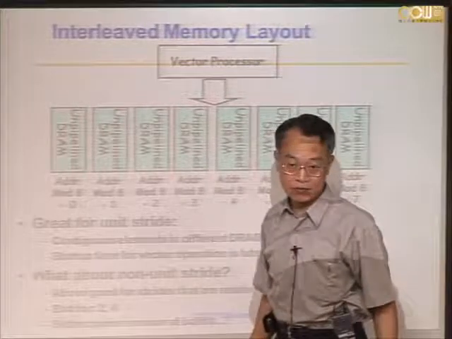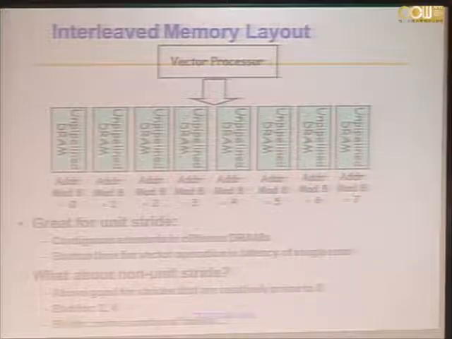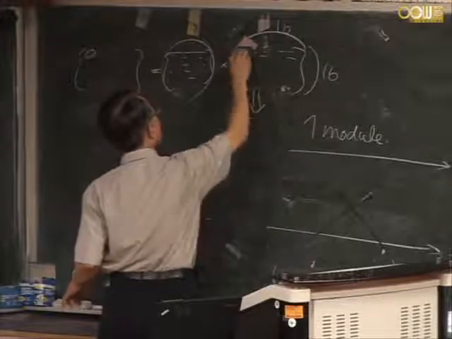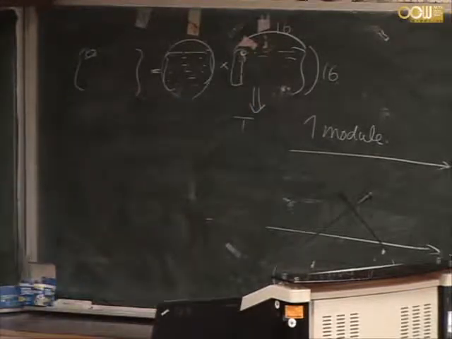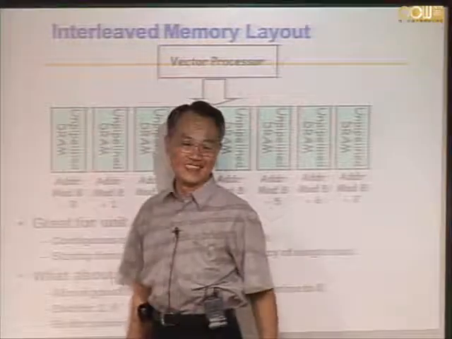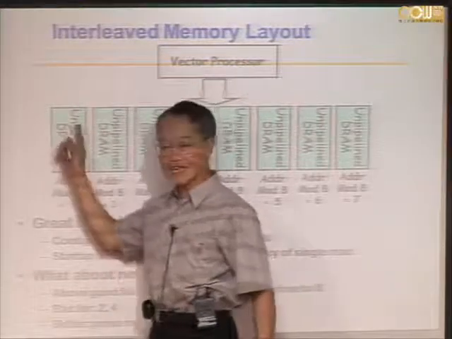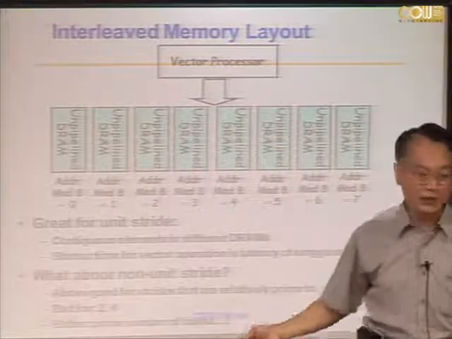Terrible. Why? Because when you want to access the first column, your stride is 16. So you will hit this, and then hit this, and then hit this, and then hit this again. Okay, there's always access conflict. And all these other modules sit there idling.